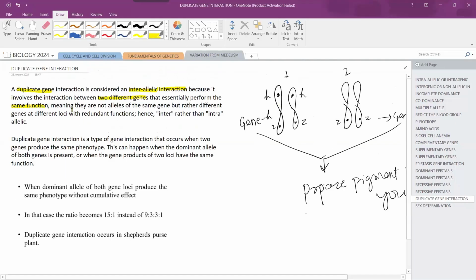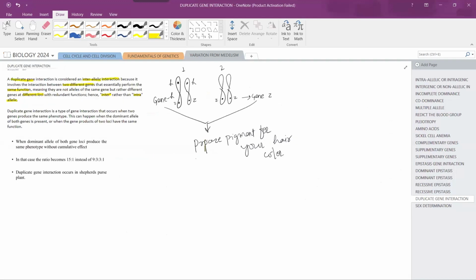They are not alleles of the same gene, but different genes at different loci with redundant functions. Hence it is inter rather than intra-allelic. Understood? So this type of interaction is called interallelic interaction.